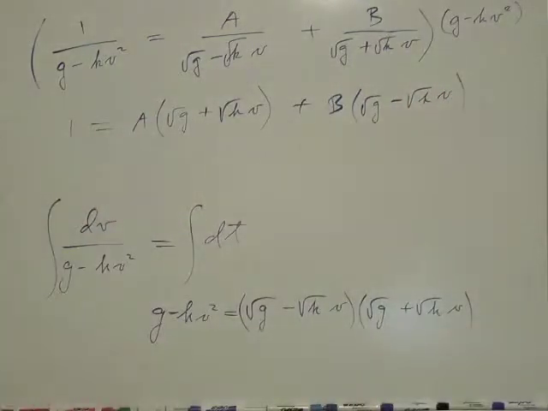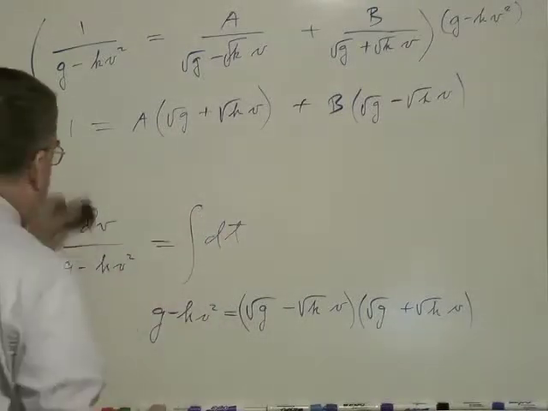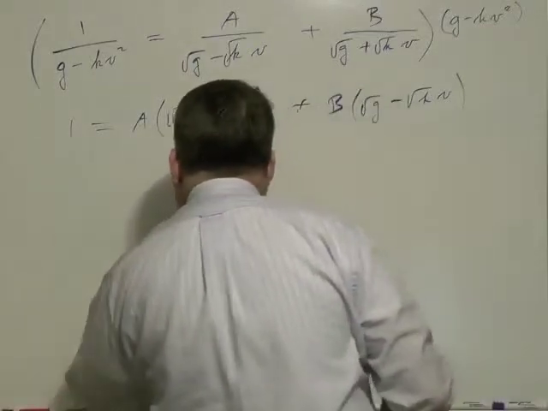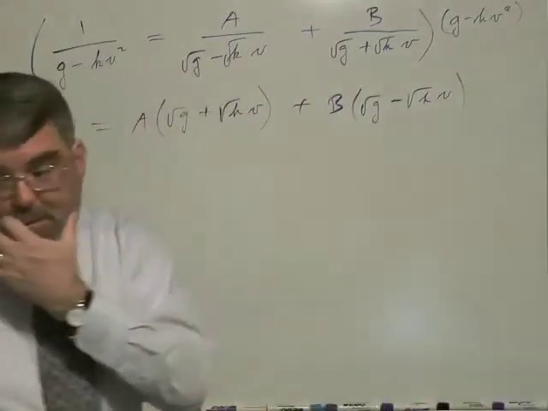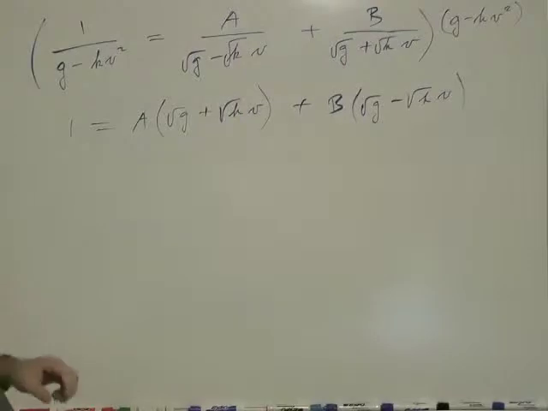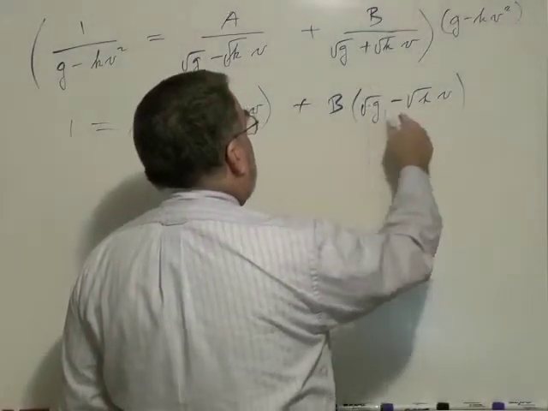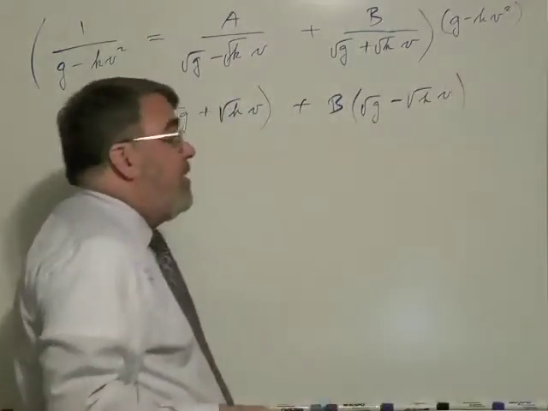There we go. And so I'm going to try to remember this integral here as I work out this partial fraction. At this point, I think I'm going to make a substitution here that will make this part equal to 0.